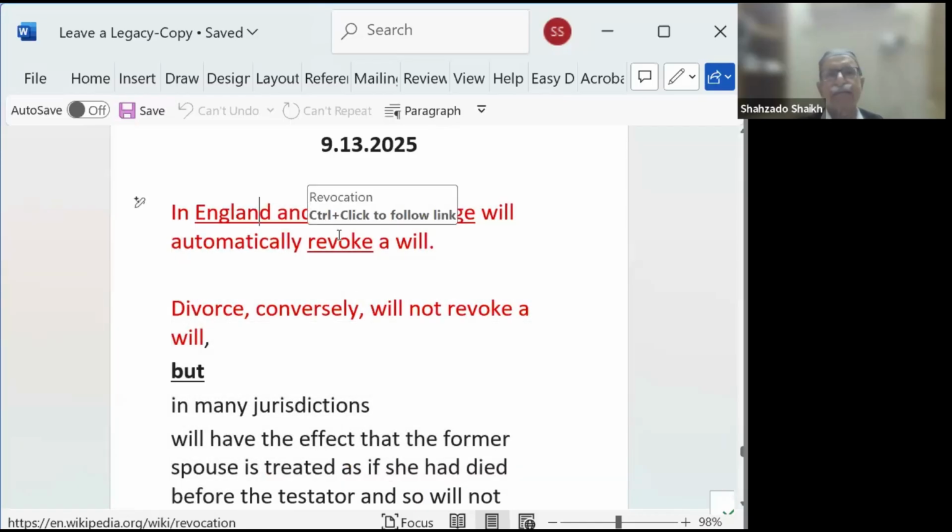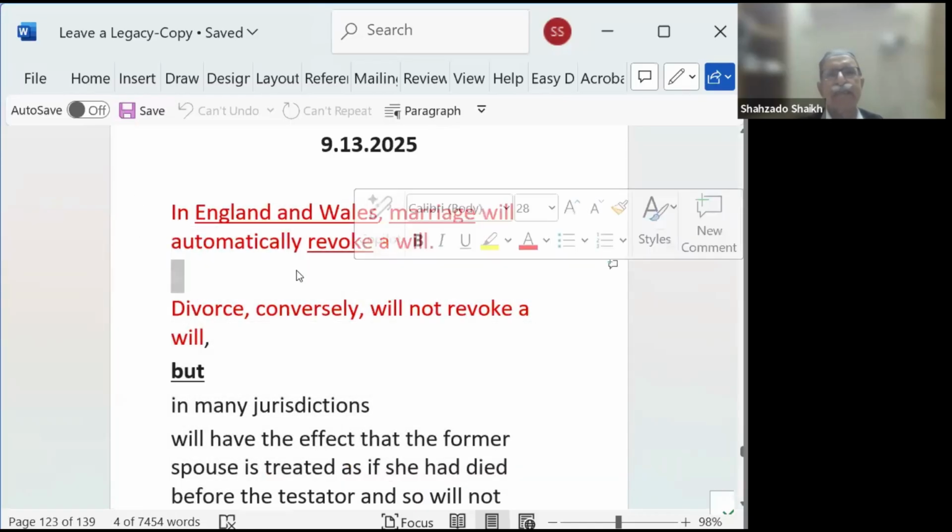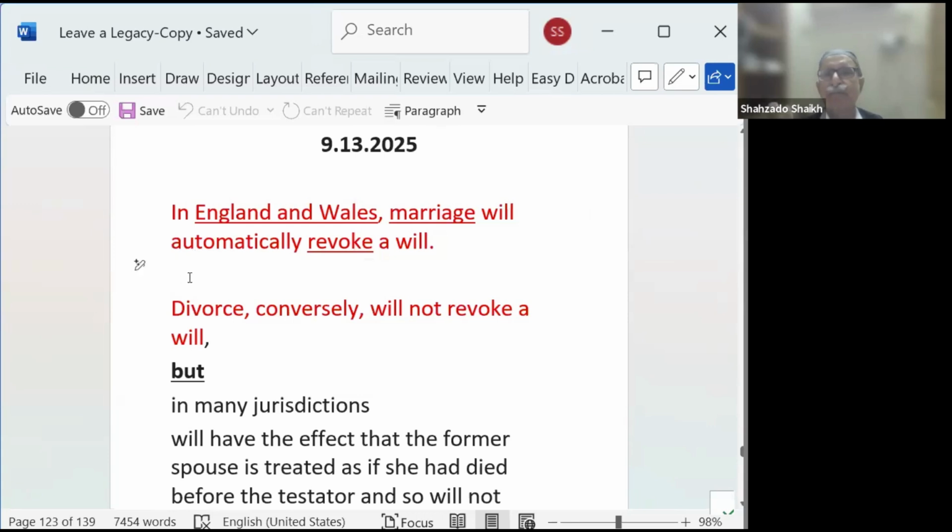In England and Wales, marriage will automatically revoke a will. If somebody has made a will and after making the will, he gets married or she gets married, the will which he or she has made is revoked. So be careful.